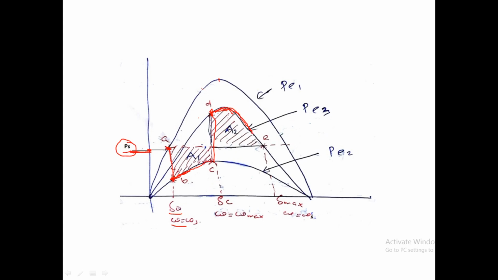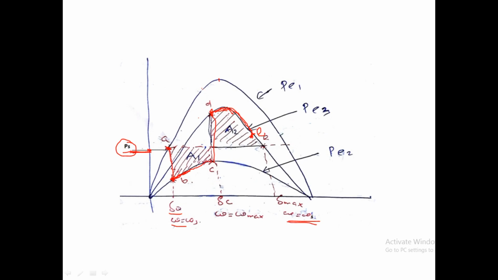It may be at any point where omega is again becoming equal to omega S. Because it is a deceleration, omega starts to decrease from omega max, and it again becomes equal to omega S at some point, and that point is E. So we are having a point E here, then it will be more clear.